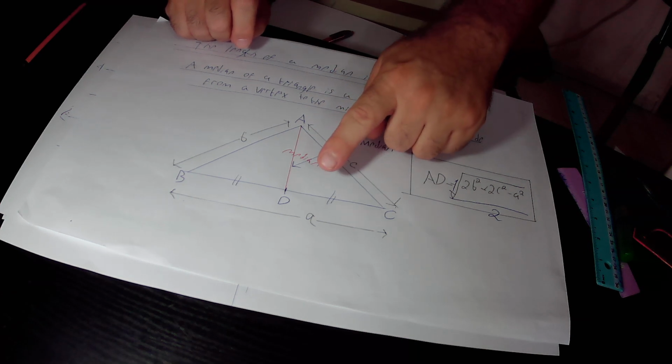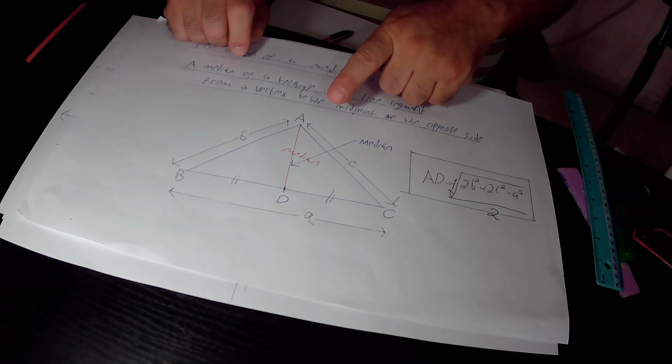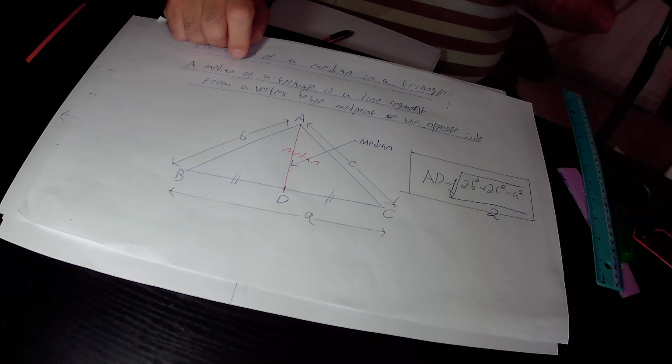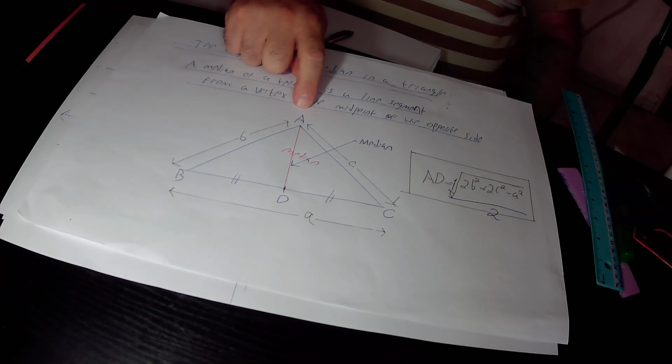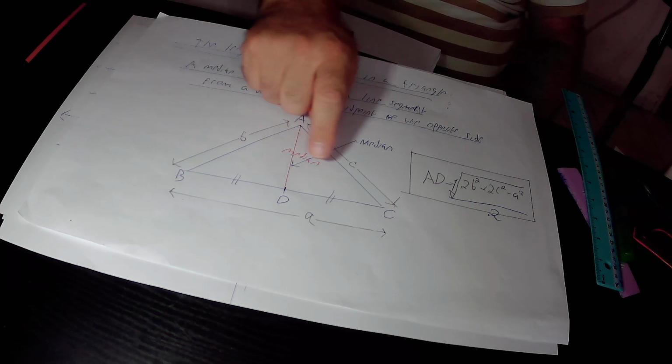Here, line segment AD is defined as a median of this triangle ABC. It starts from the vertex A and ends at the midpoint of BC. That is to say, it ends at the opposite side of the vertex A. The opposite side of the vertex A is BC.